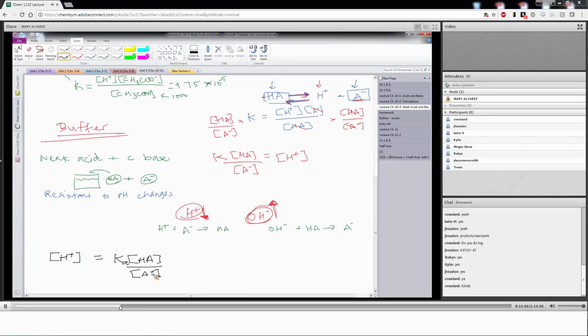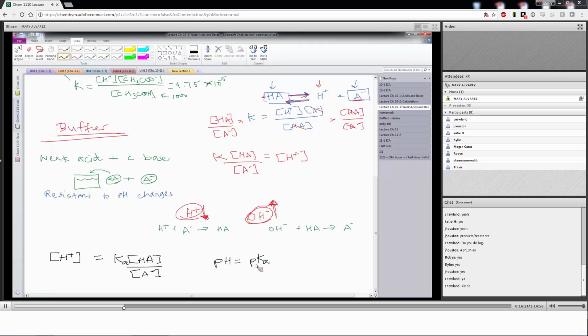Now, if I want to take it a step further, I can take the minus log of both sides to solve directly for pH. So the minus log of the H plus is the pH. Now, for the minus log of this whole thing, you have to remember the properties of logs. If you do, you'll come up with this equation where we find that the pH is equal to what we call a pKa.